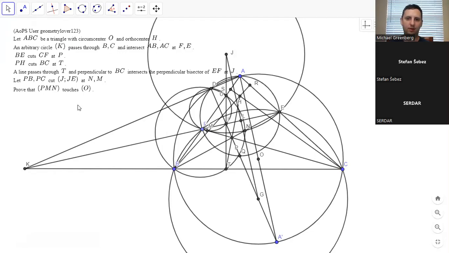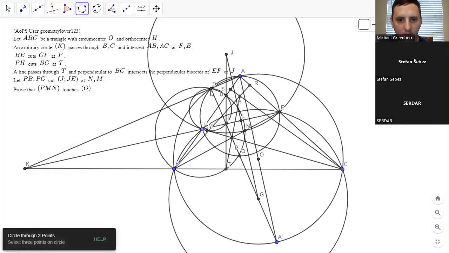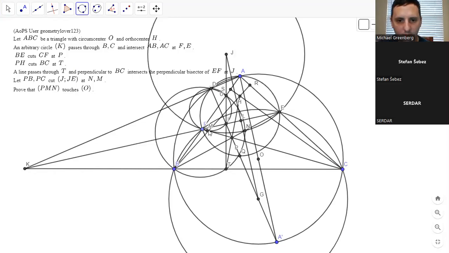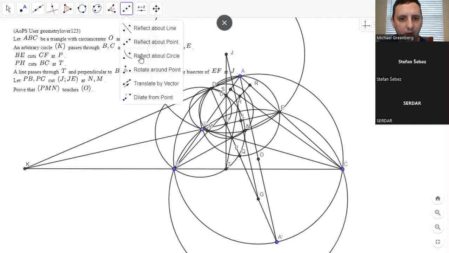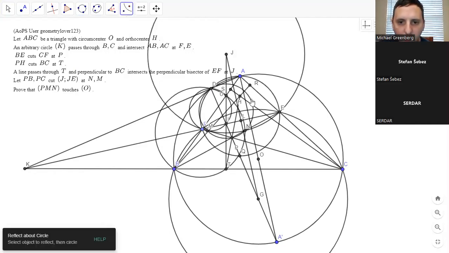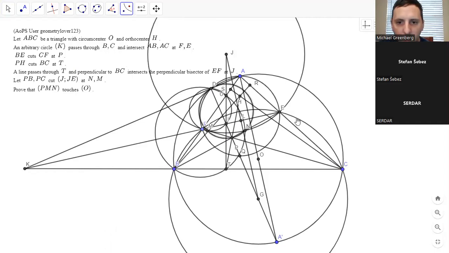Oh, actually, a bit of progress. We haven't proved that it is cyclic, but if we knew that it is cyclic, I just checked, and that circle looks like it stays the same under inversion around BFEC. Interesting. That would mean that that circle has to be tangent also to BPC.